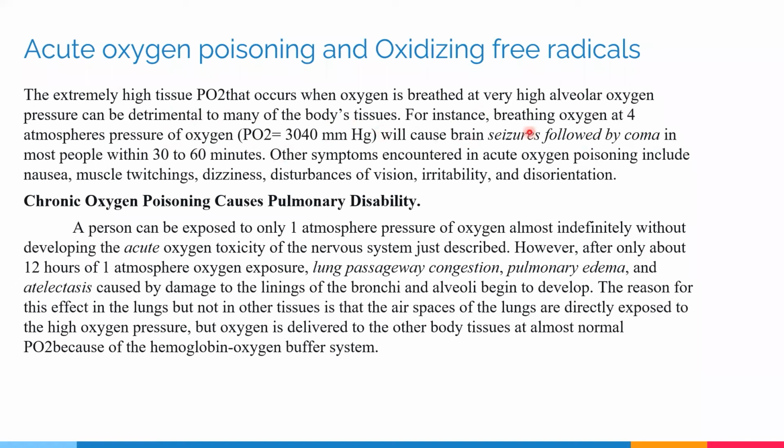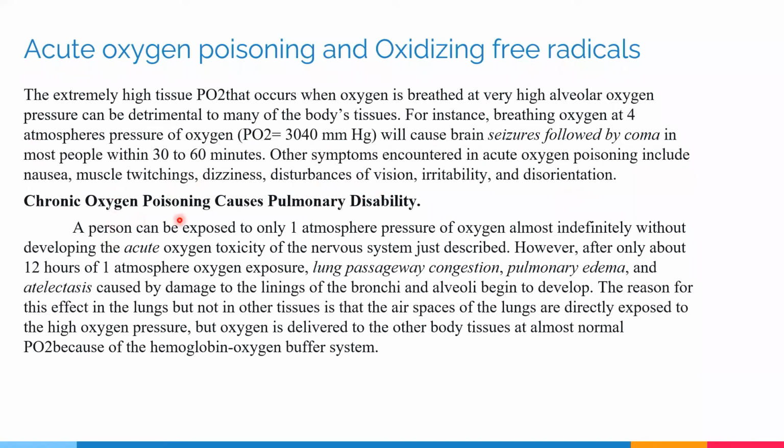For instance, breathing oxygen at 4 atmospheres pressure of oxygen, which is PO2 equal to 3040 millimeters of mercury, will cause brain seizures followed by coma in most people within 30 to 60 minutes. Other symptoms encountered in acute oxygen poisoning include nausea, muscle twitchings, dizziness, disturbances of vision, irritability, and disorientation.